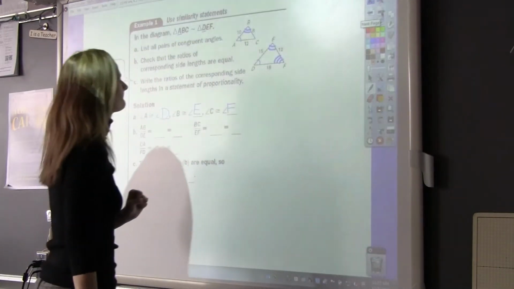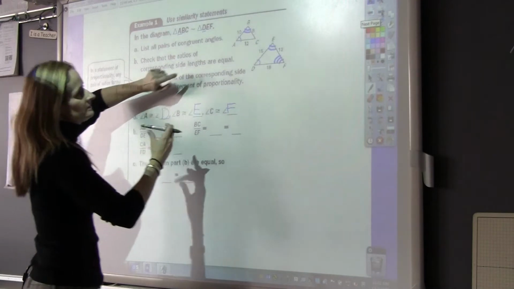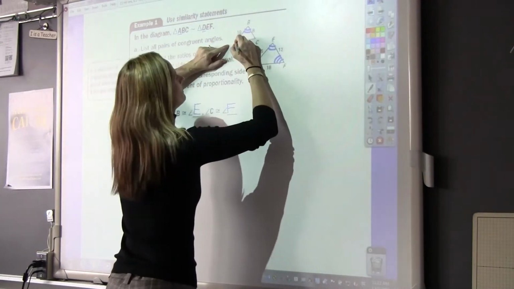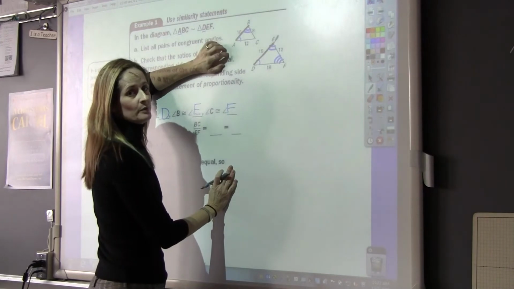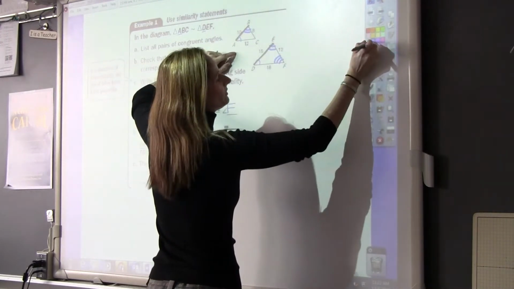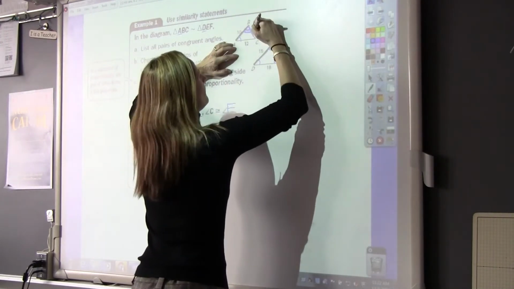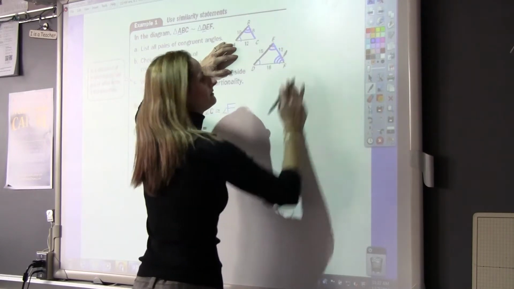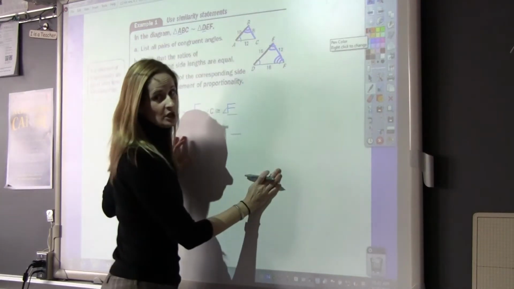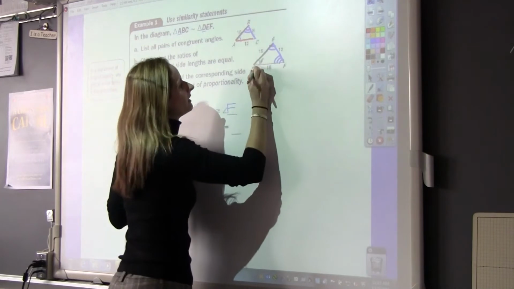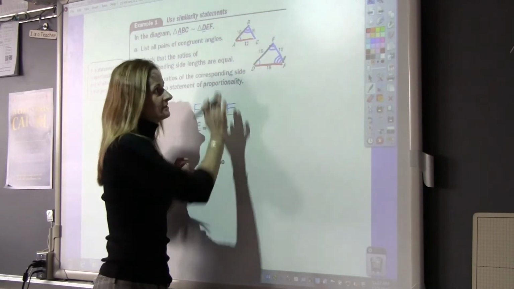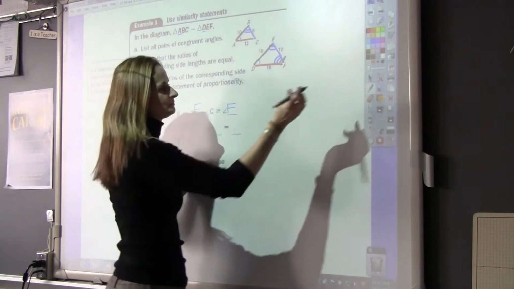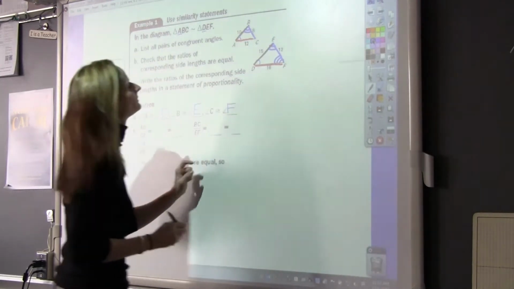So let's look. Does this ratio, 10 to 15, equal the same ratio as that side to that side? They should all be the same ratios when we simplify them. Otherwise, the two triangles are not going to be similar.